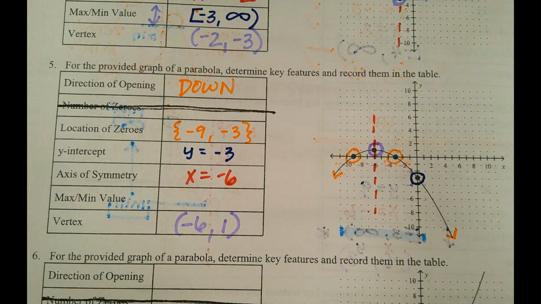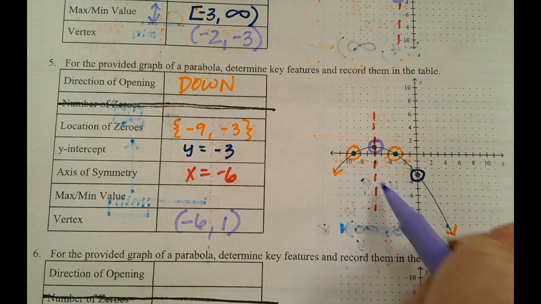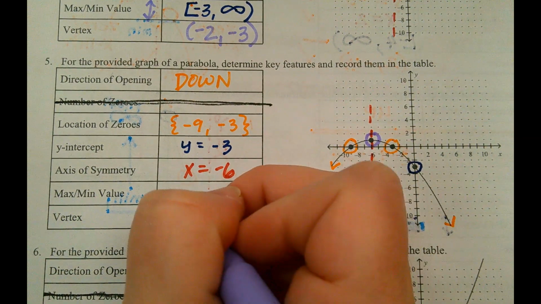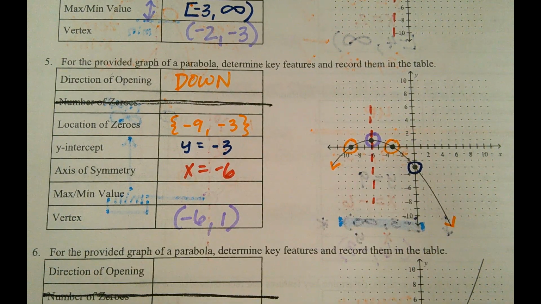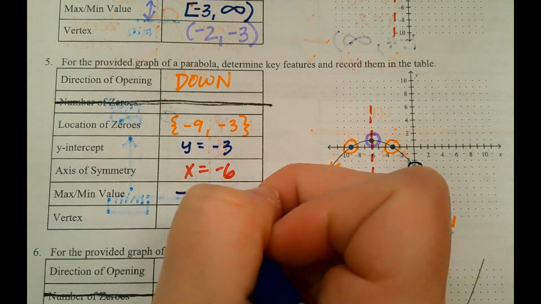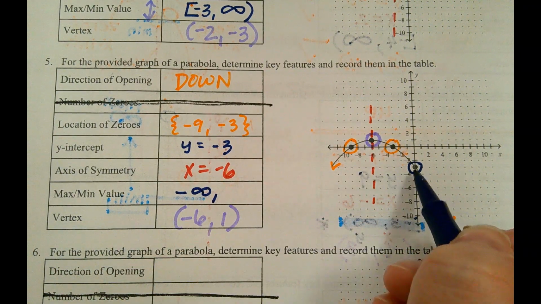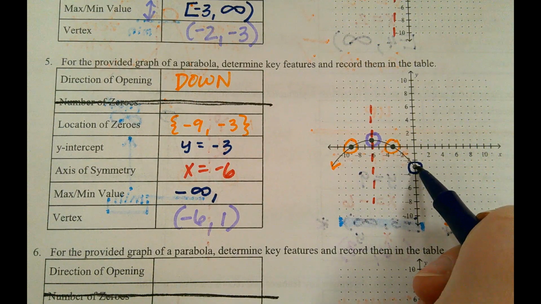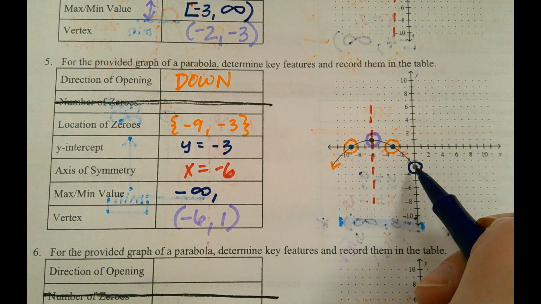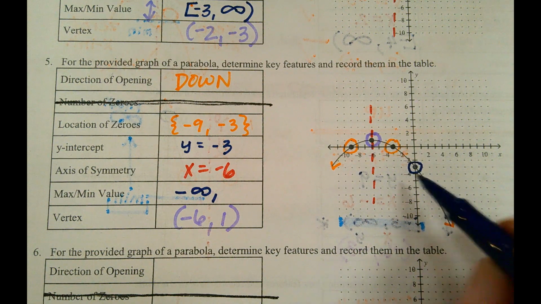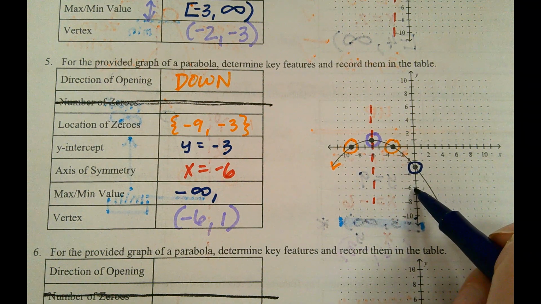Jocelyn, were you about to give me that? Negative infinity is my lowest point, so I'll write that in. Negative infinity. And -3 is my y-intercept, but are there any points higher on this graph? -6 is down here.